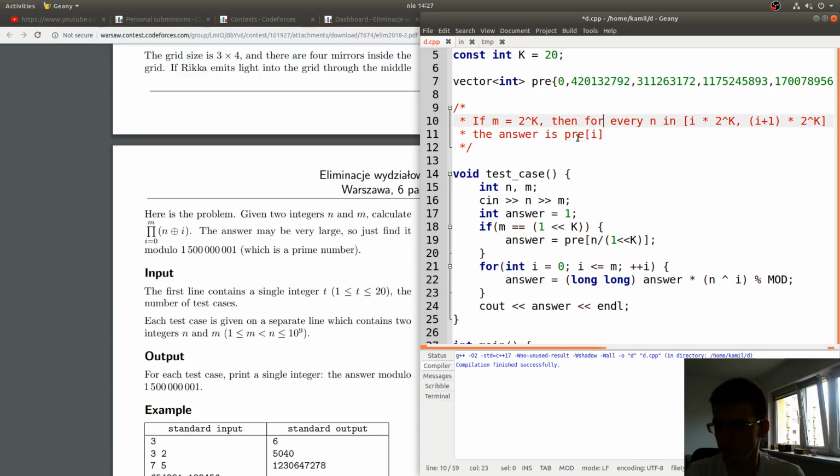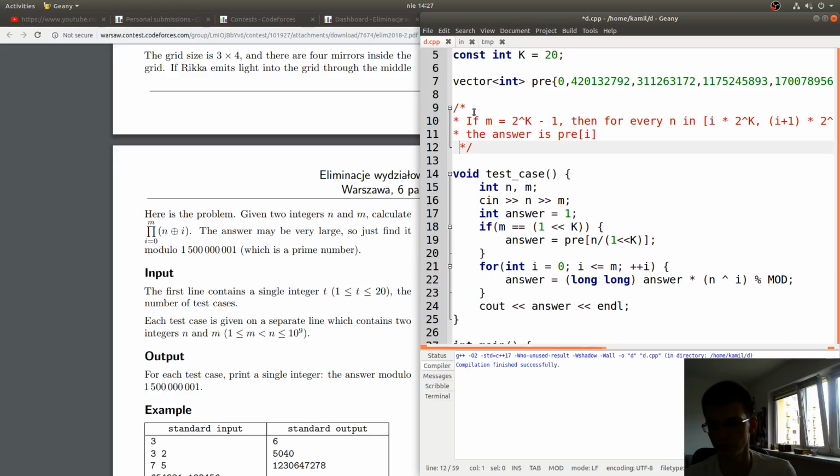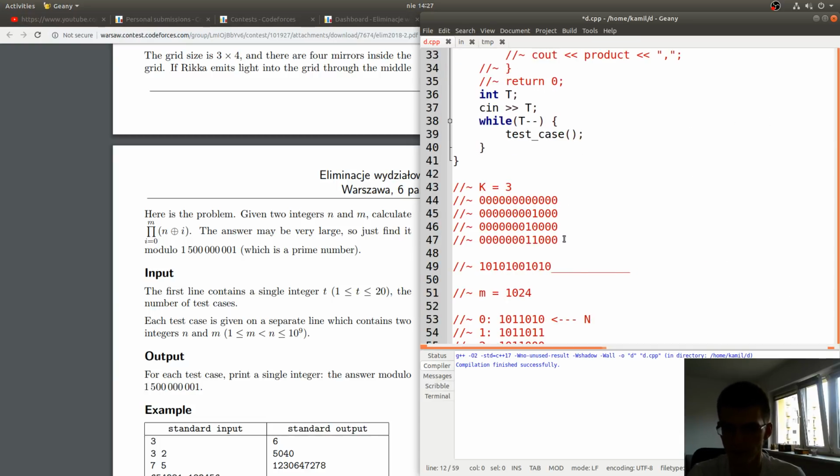What is true is that if m is equal to 2 power k minus 1, because then we have product from 0 to 2 power k minus 1. So for example, for k equal to 3, it would iterate over all the bits here.